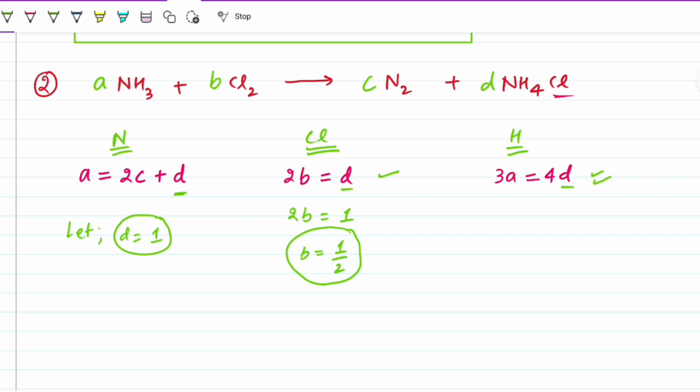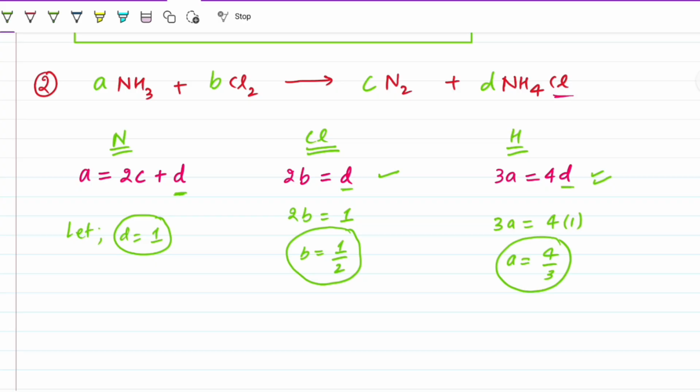Again when D is 1, from the equation of hydrogen, 3A equals 4, so A will be 4 by 3.